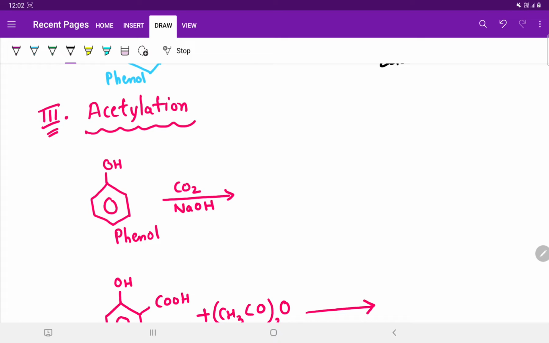Now in this property the first reaction is known as the Kolbe reaction, in which the phenol is forming the salicylic acid. So let us first complete the Kolbe reaction. So the phenol in presence of carbon dioxide and sodium hydroxide, it will be forming the sodium salicylate.